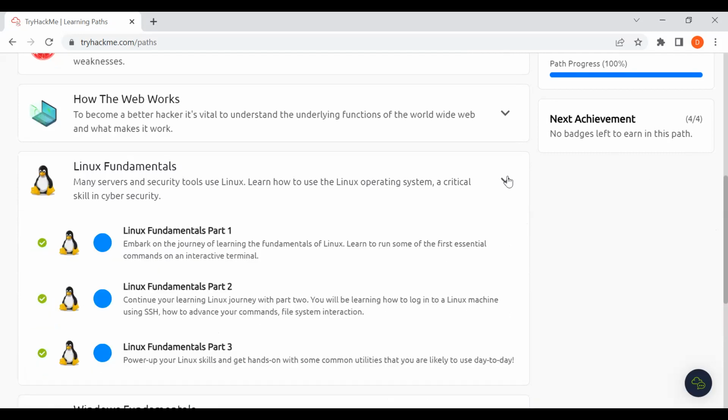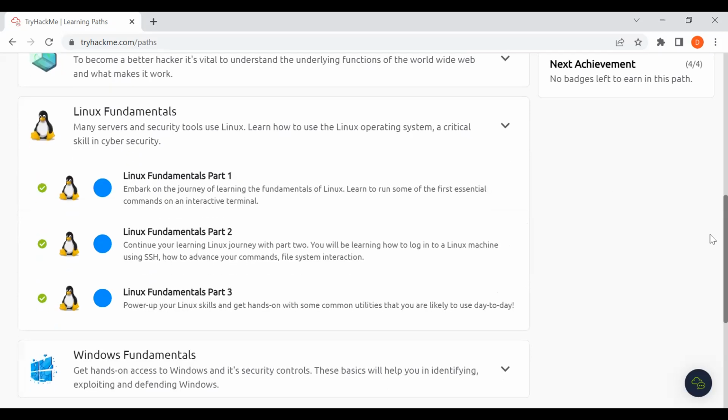And you can also look at the Linux fundamentals. I believe if you cannot go through all the learning parts in the CompTIA InfoSec, right? You can come here and learn Linux from here also. It's actually very sweet and beautiful to learn Linux from here.